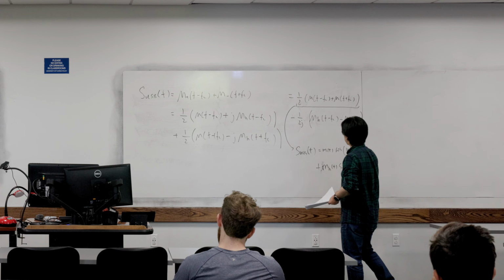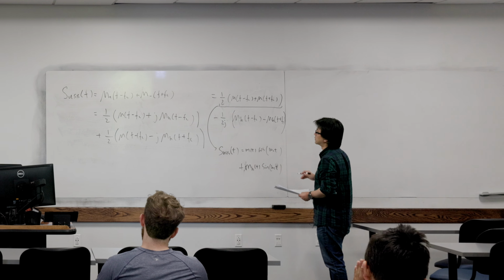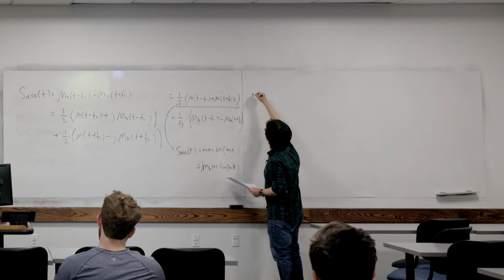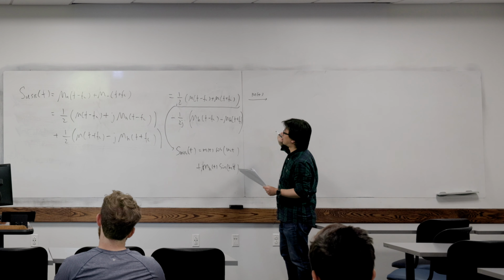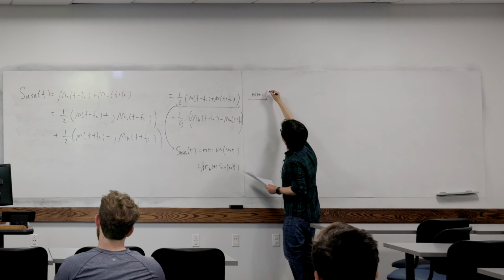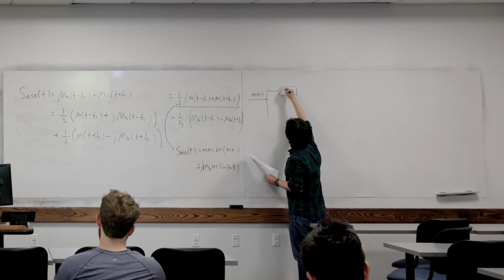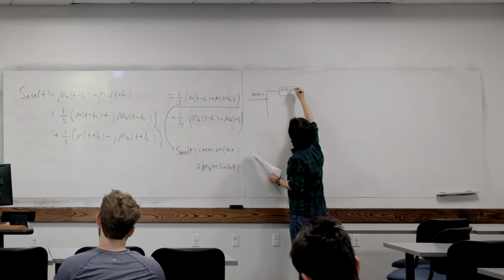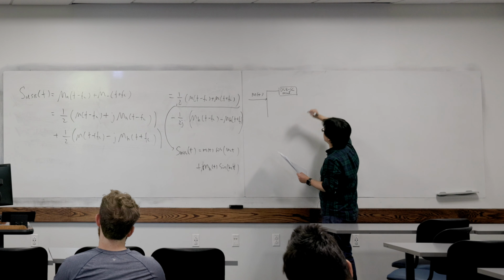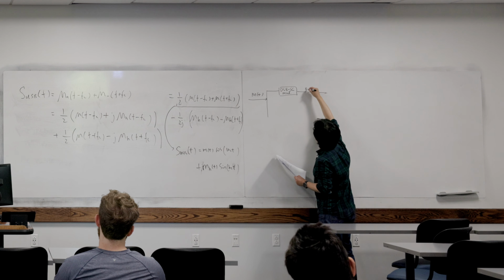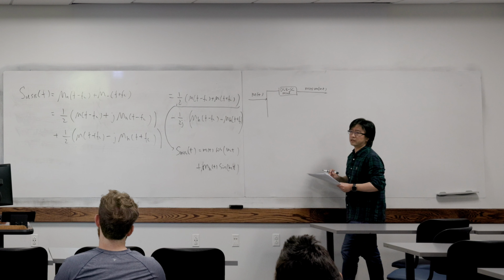Yeah, I think here it should be plus, right? So now minus. Let me write down how we do the modulation in a diagram, right? So basically, we have our message signal, and then we have two paths. One path is nothing but a DSB-SC modulator. Okay, and then in this way we get our m(t) cosine omega_c t, right?